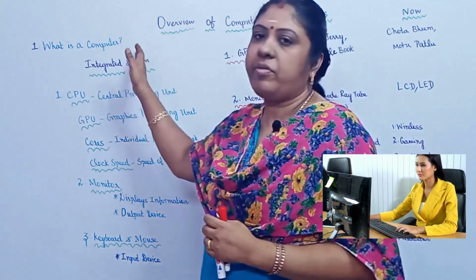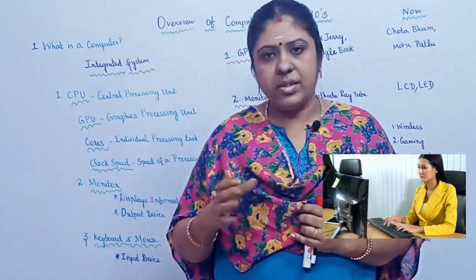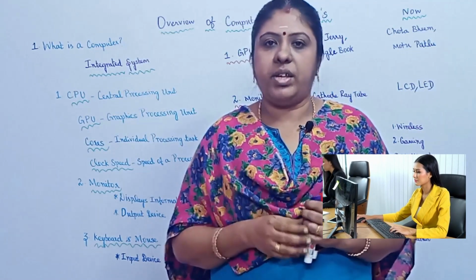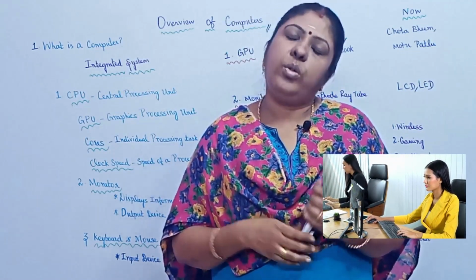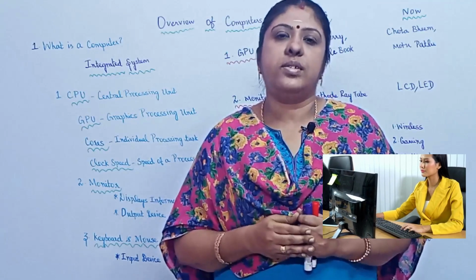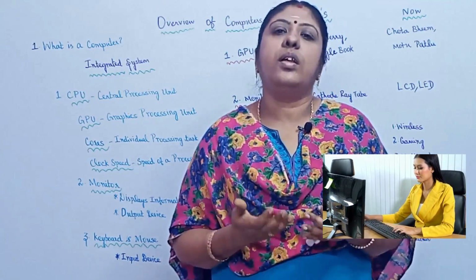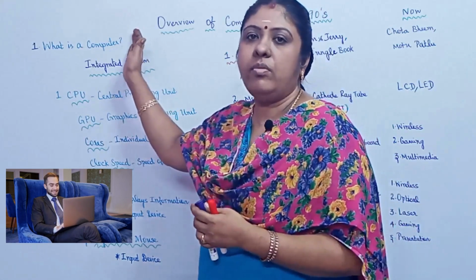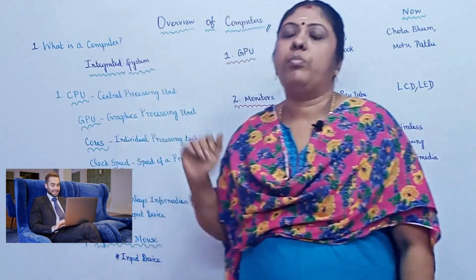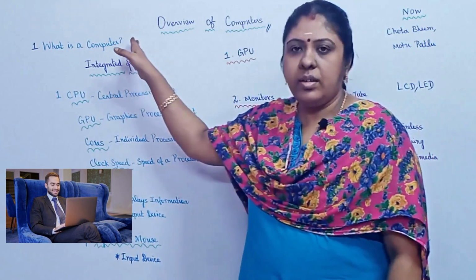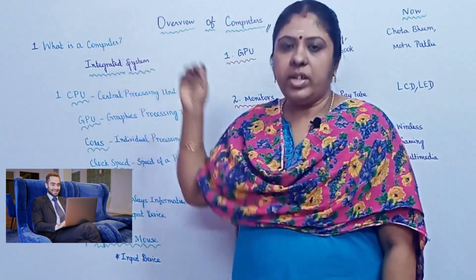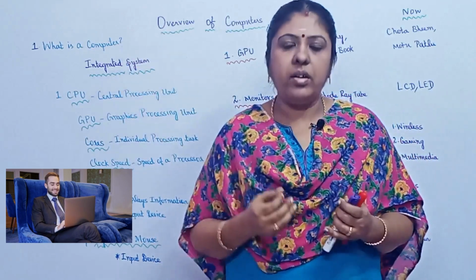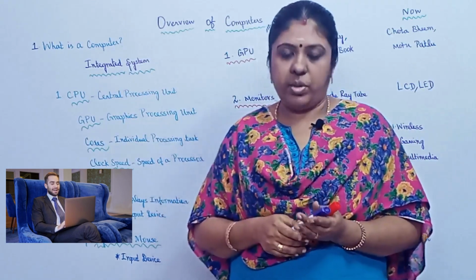The basic definition of a computer is that it is just an electronic device which can do any sort of operations in terms of arithmetic or logical operations or scientific calculation. Everything can be possible with the help of computers. That is, it is an electronic device which transforms our raw data into useful information.